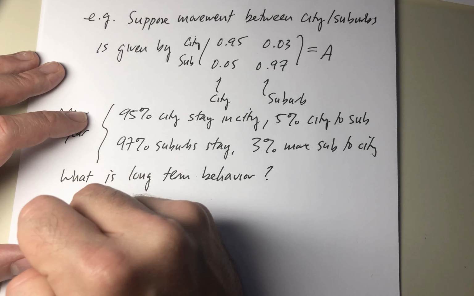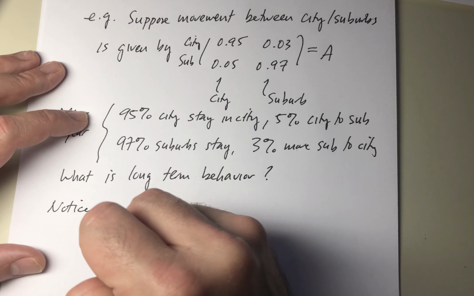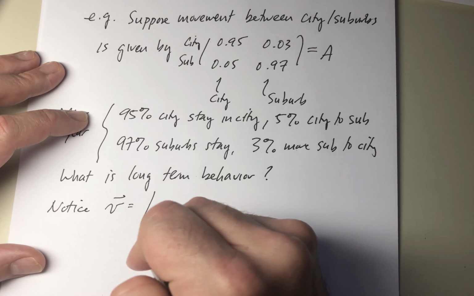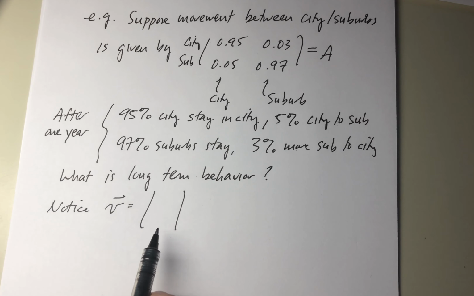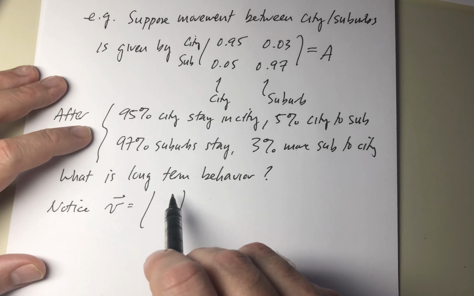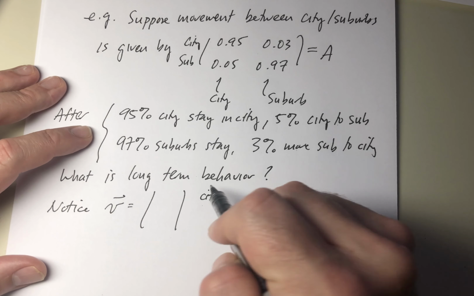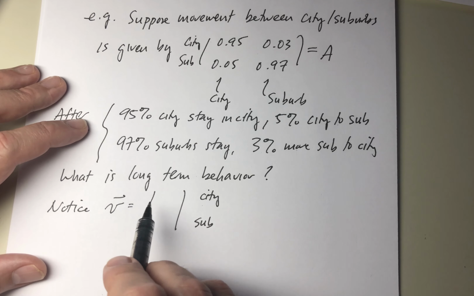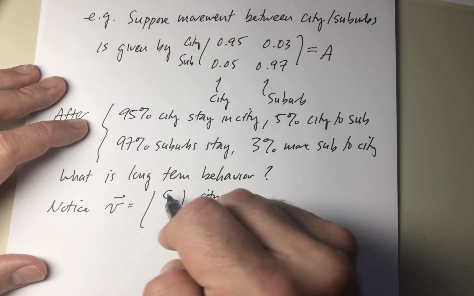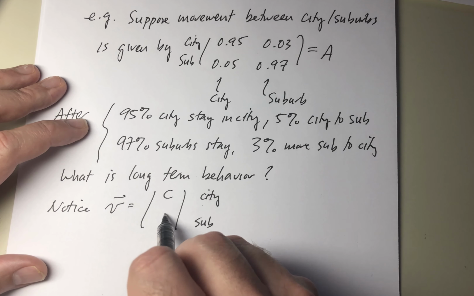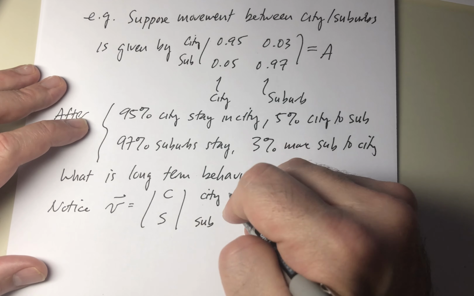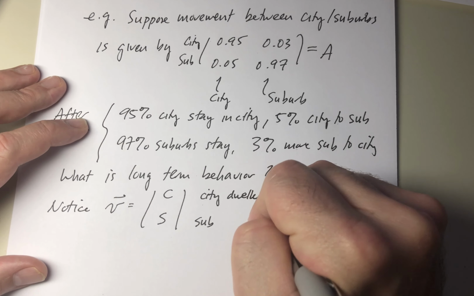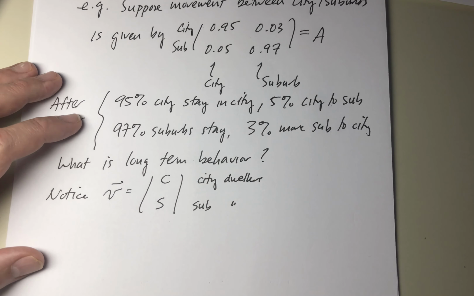Well, notice first of all that if I take a vector v, a 2x1 vector, where in the first coordinate I have the number of city dwellers, call that C for city, and S is the number of suburb dwellers in the second entry.